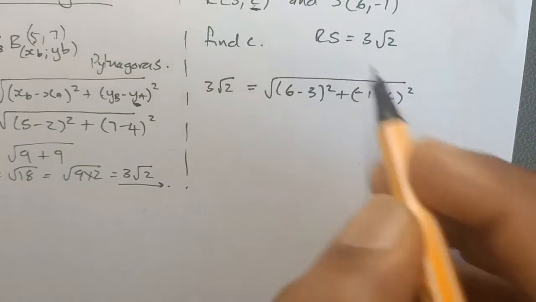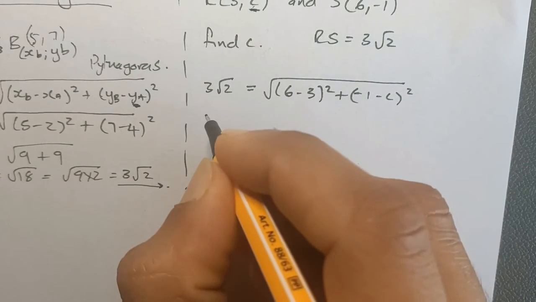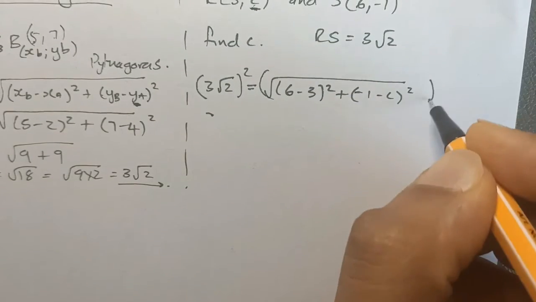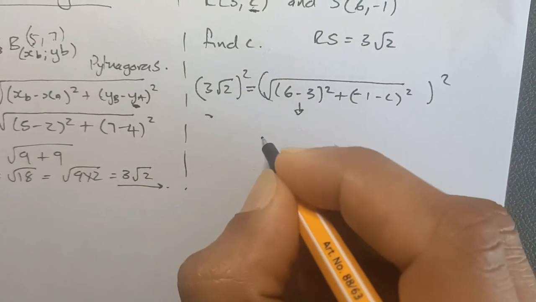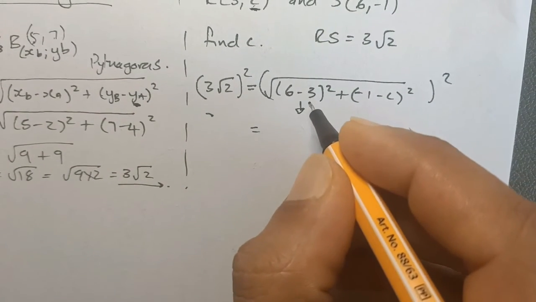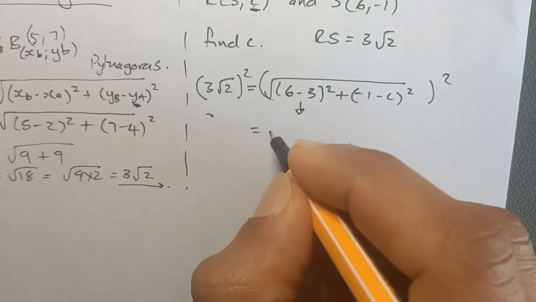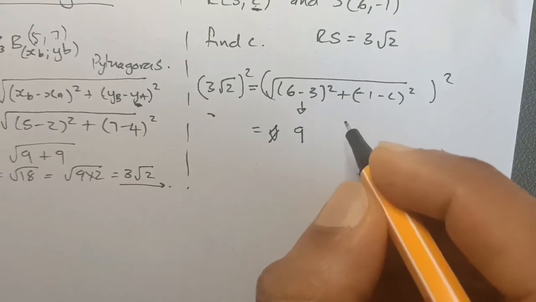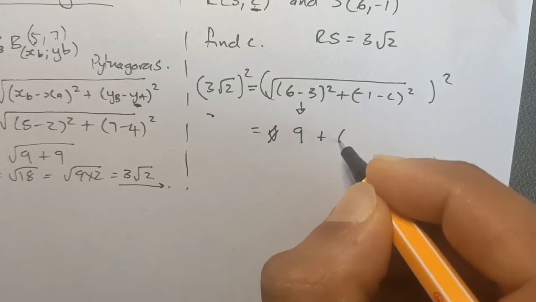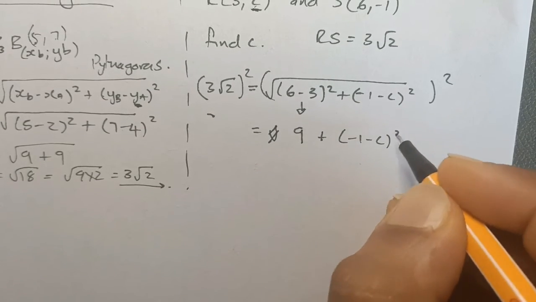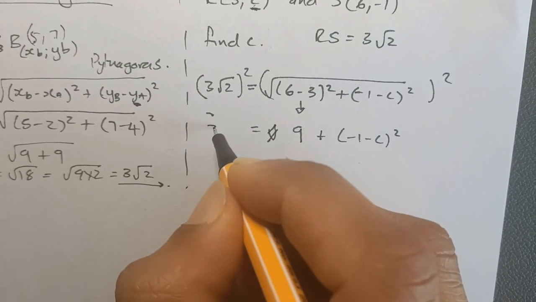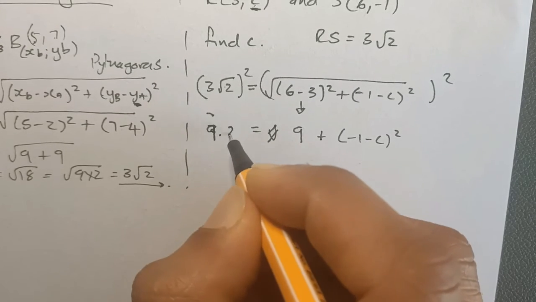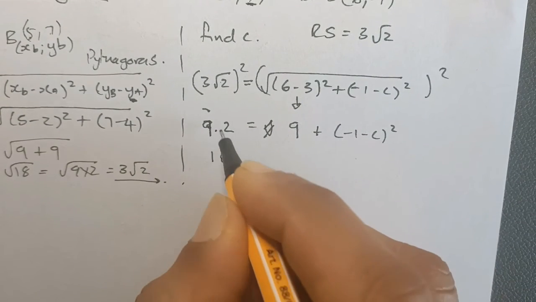What I can do is square both sides and simplify that bracket: 6 minus 3 is 3, squared is 9. So the square root is going to disappear, and you're left with 9 plus (-1 minus C) squared. And the left side becomes 3 squared, which is 9, times 2, which is 18.